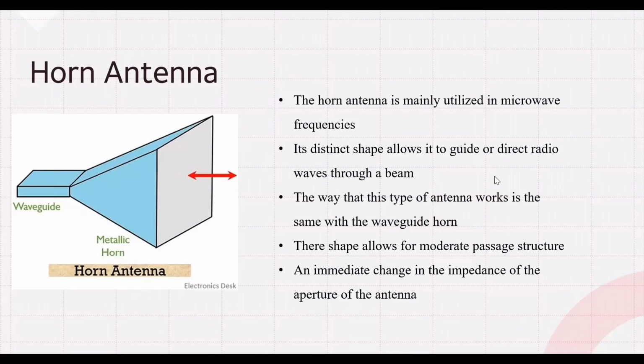If the waveguide is not in the shape of a horn, there would be an immediate change in the impedance at the aperture of the antenna. This is due to the end of the conductive walls of the tube not being able to guide the wave or signal smoothly. This ultimately leads to a standing wave in the waveguide, which is a waste of energy.